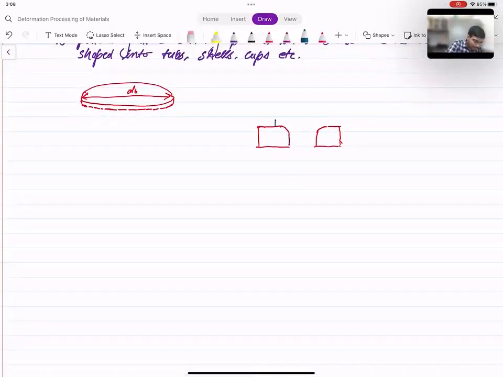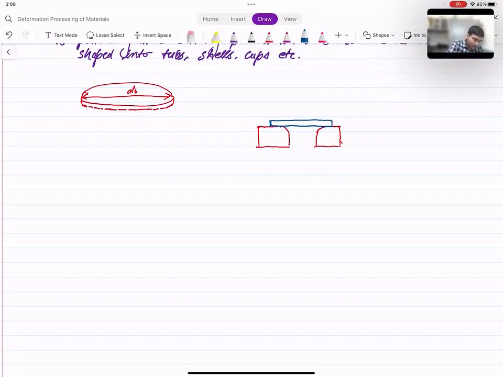Okay, so let us say our blank is put on the die like this. We should not call it put. It is basically placed there. Not only put, it is clamped with the help of holders. So say the blank has been kept like this. It is held at its place using hold down rings or blank holders.